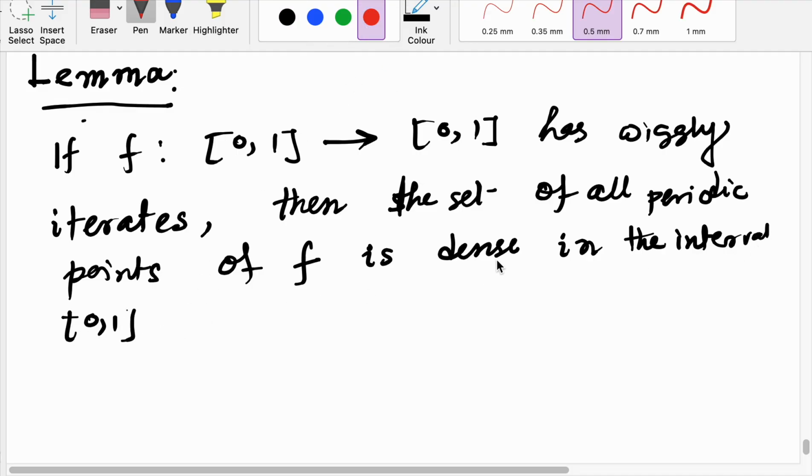And we have already defined what is the meaning of dense.